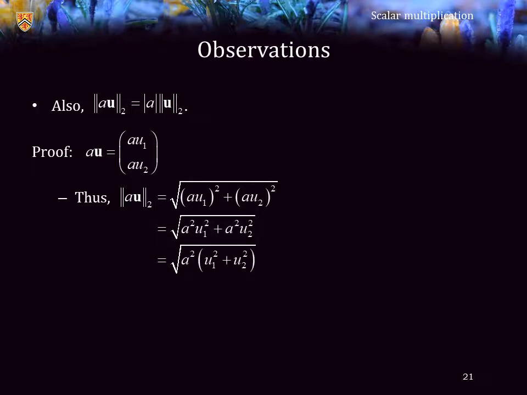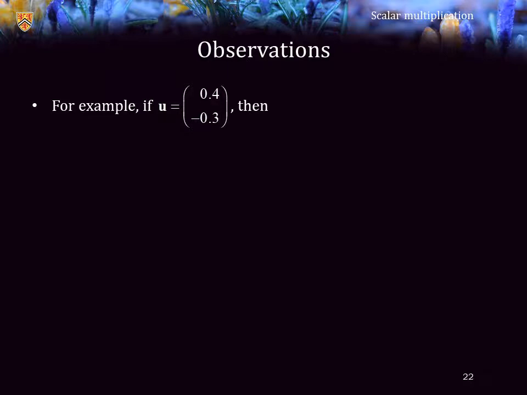All right, a squared is positive, and therefore we can state that the square root of a positive number times anything is the square root of that positive number times the square root of the other thing. But wait a second, the square root of a squared is just the absolute value of a, and the object that is being multiplied by is just the 2 norm of u.